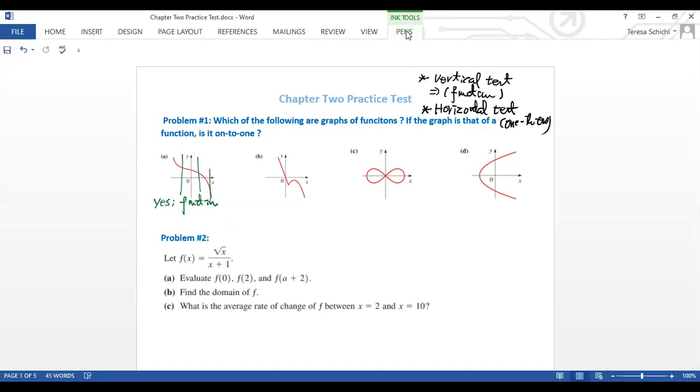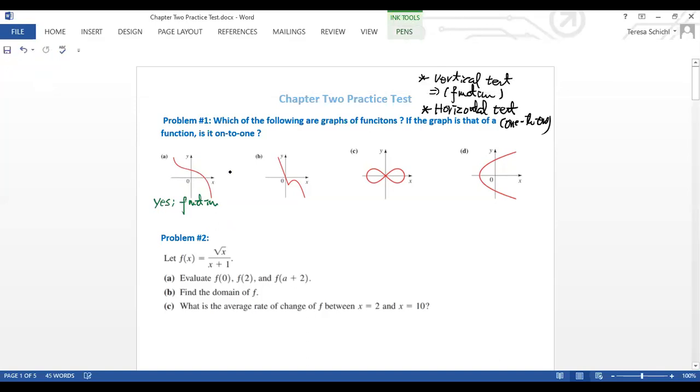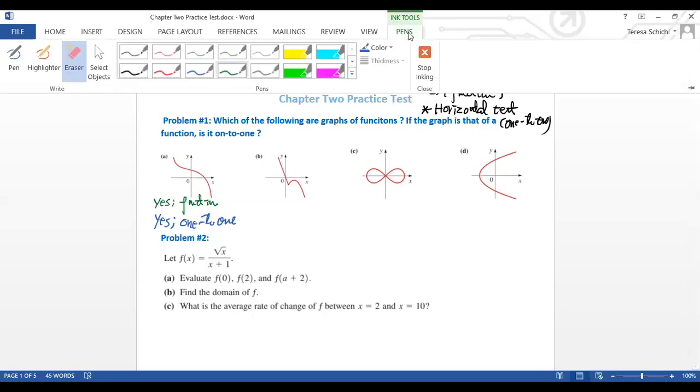After it's a function, you say, let me do the horizontal line test. Do I touch two places? You put any line here, and every line only touches one. So this is a yes. This is one-to-one. So this one satisfies both.